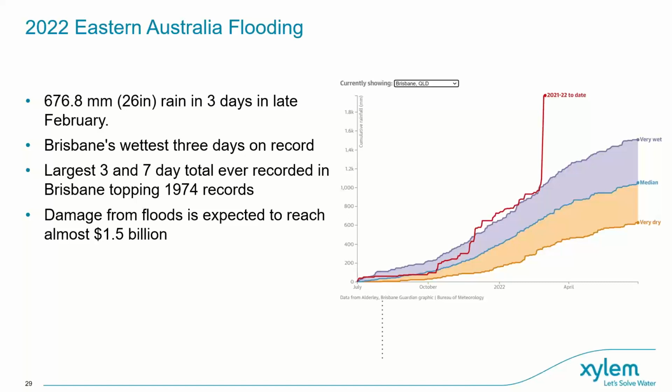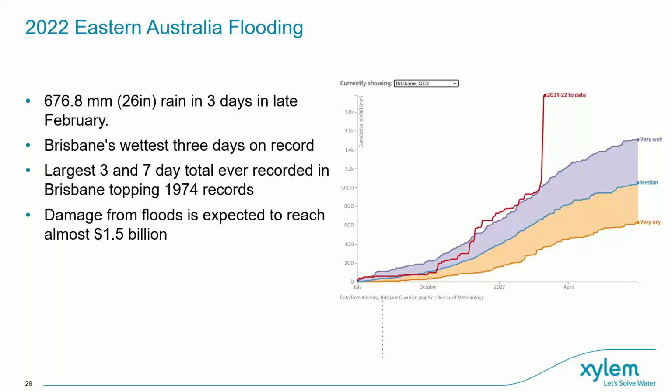So this was Brisbane's wettest 3 days on record, and the largest 3 and 7 day totals ever recorded in Brisbane, exceeding the 1974 records. There was catastrophic flooding in 1974, and the damage from floods is expected to reach almost 1.5 billion, maybe more by now.